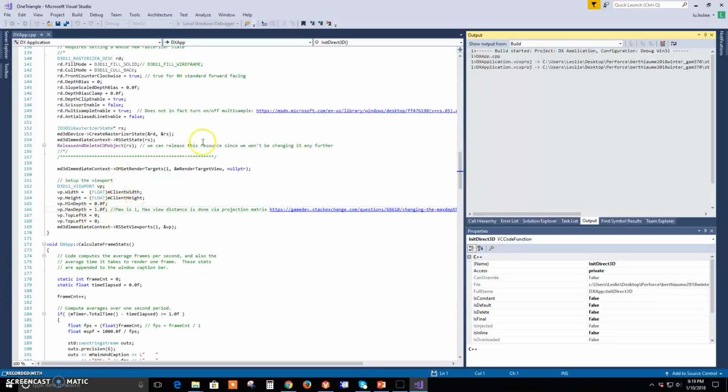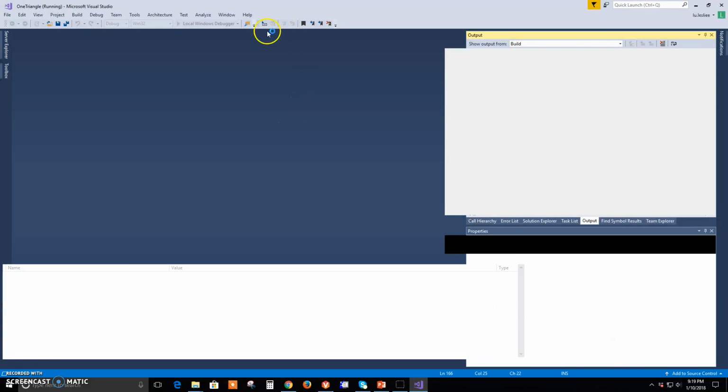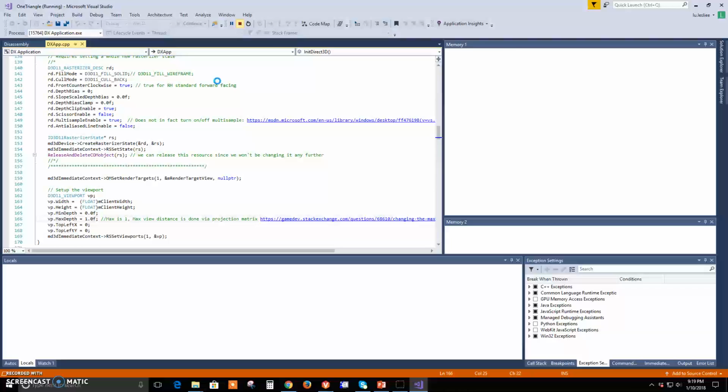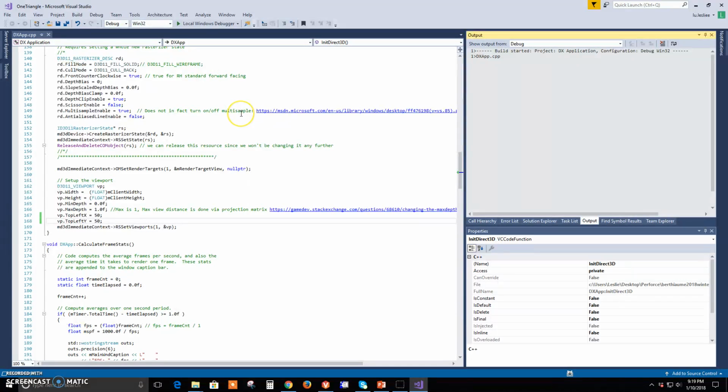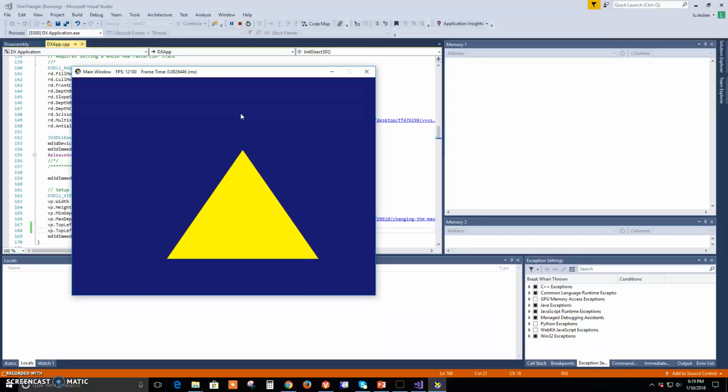Oh no, I didn't. It's still at 0. Alright, so here it is at the center, and now I'm just going to move this to 50 and 50 so we can see it shifted. And it moved to the side a little bit.